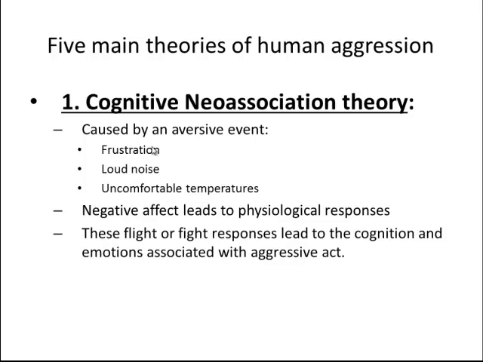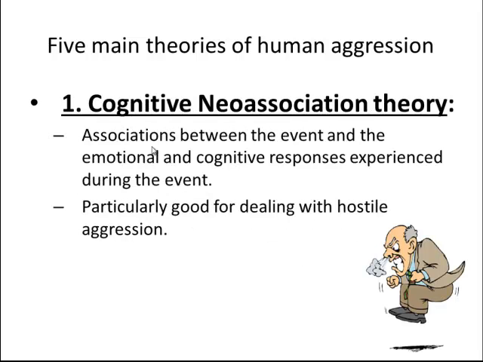So you have this fight or flight response leads to the cognitive realization that these emotions are going on, which leads to the act. So this type of aggression, cognitive neoassociation theory, is an association between the event and the emotional and cognitive responses experienced during the event.